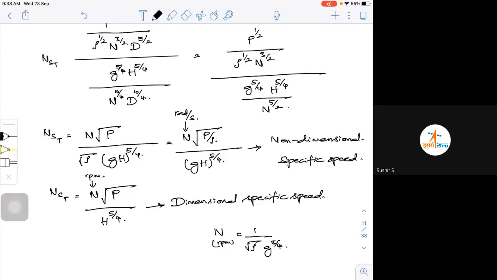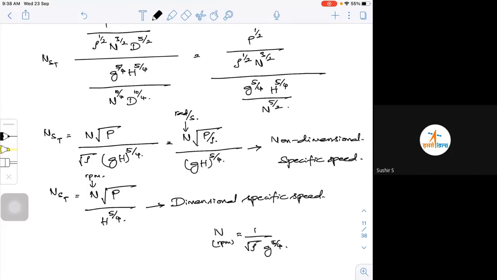If you want further reading, you have to look into the derivation. So one is the non-dimensional thing, n root P by rho divided by (gH) to the power of 5 by 4, that is the non-dimensional specific speed.